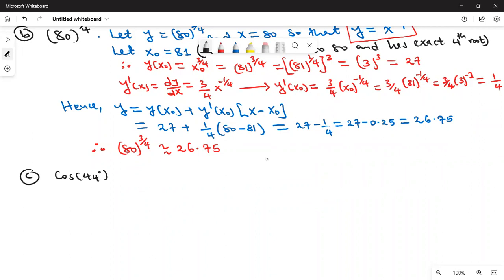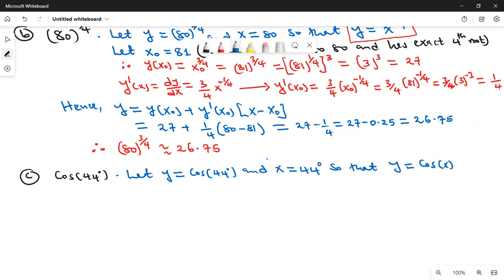What you do here, the steps are the same. Let y be equal to cosine of 44 degrees and x be equal to 44 degrees, so that y is equal to cos x.